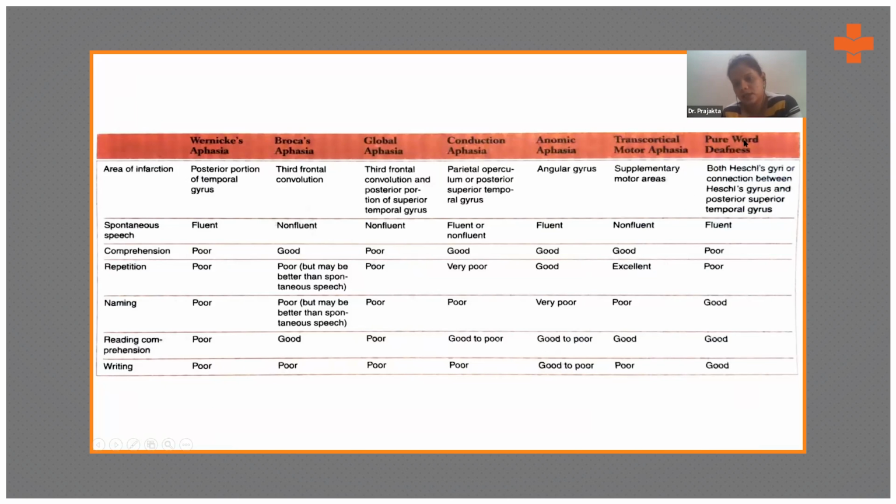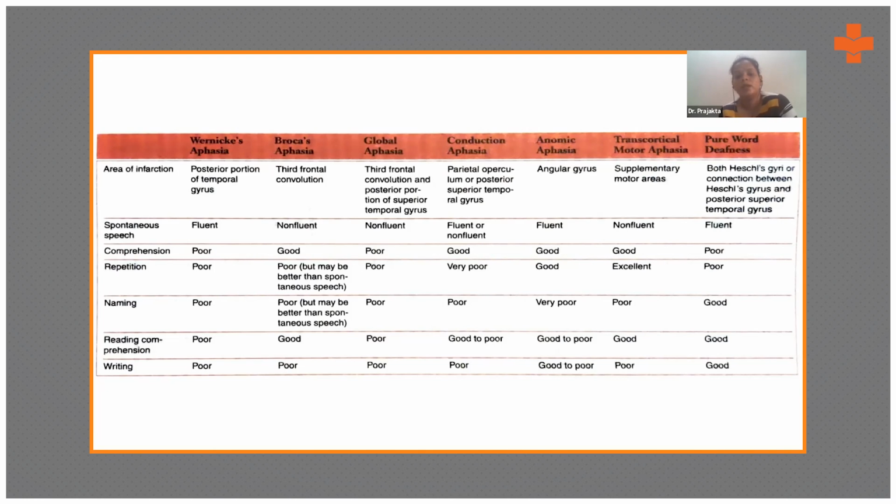The transcortical motor aphasias, these are the areas of infarction, supplementary motor areas. Transcortical motor or sensory aphasias are usually found when the infarct is at the internal capsule, depending on the anterior or posterior limb of the internal capsule. It could be motor or sensory. The classic feature of transcortical aphasia is that repetition is better.